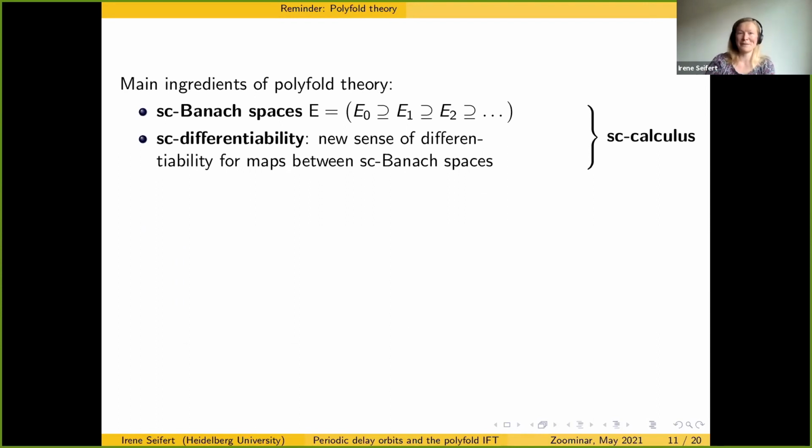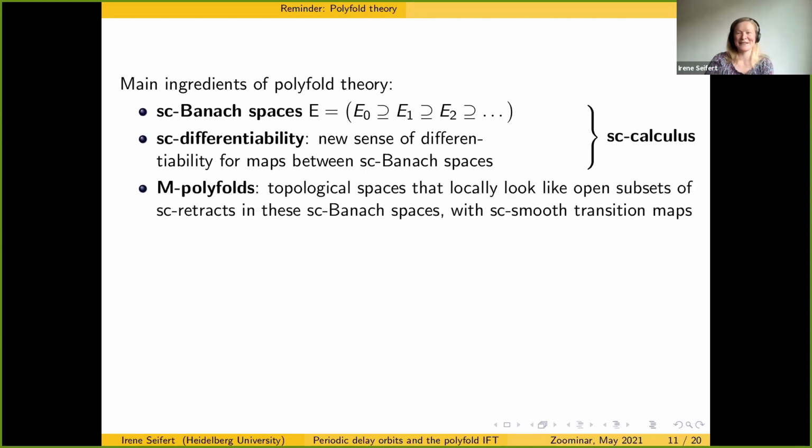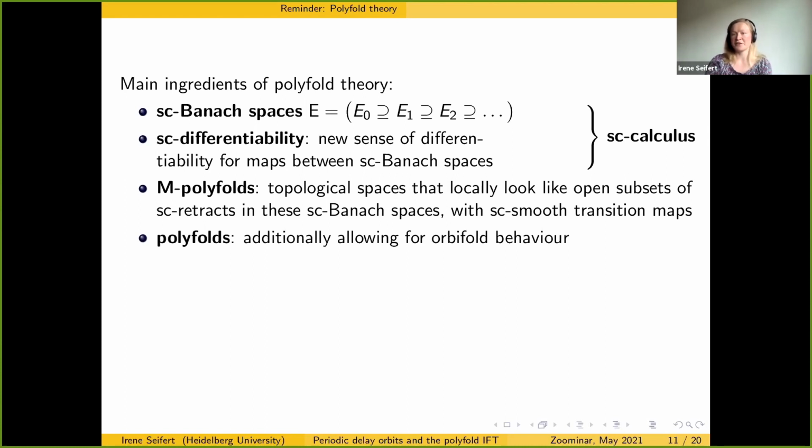And then to mention the words polyfold, at least sometimes in this talk, the M-polyfolds are topological spaces that locally look like not only open subsets in the scale Banach spaces, but like open subsets of scale retracts with scale smooth transition maps. And the polyfolds then additionally also allow for orbifold behavior.